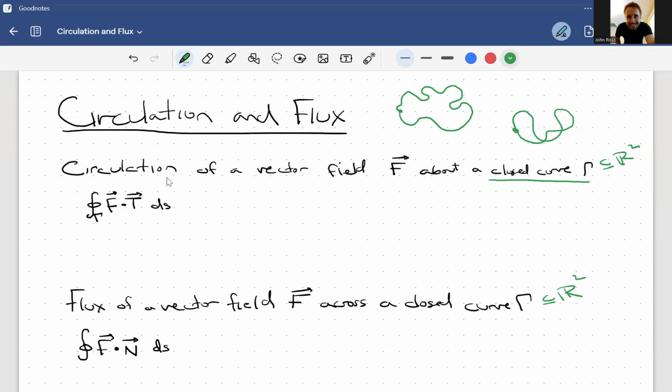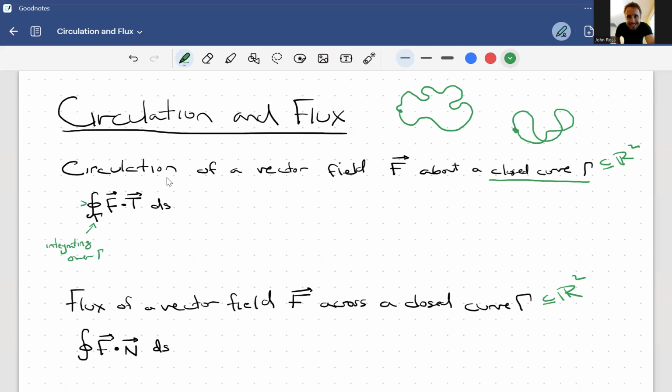So maybe first, I'll point out that the integral sign here, we have our gamma indicated down here so that this is integrating over gamma. So gamma is our domain, and we are once again looking at a line integral with a curve as our domain. So it's integrating over gamma.